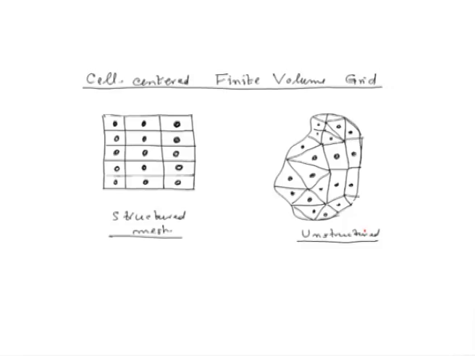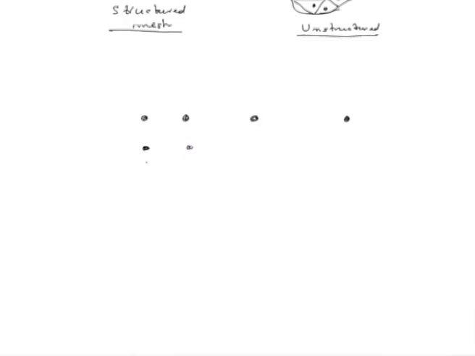Now let us have a look at the second one. In the second one, we said, look, we are going to define our computational nodes first. So let us say this is our choice of the computational nodes. And next, what do we do? Draw the midplanes between them, for the time being connecting these with dotted lines.